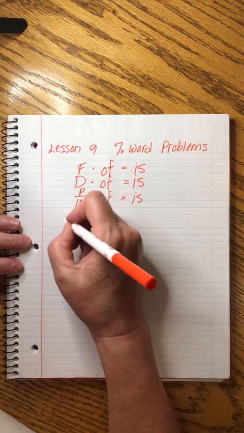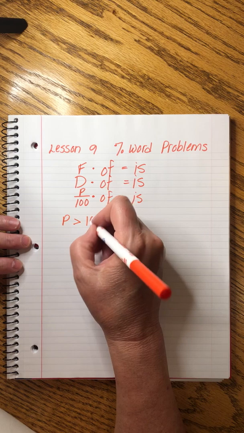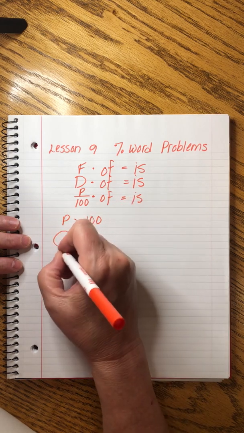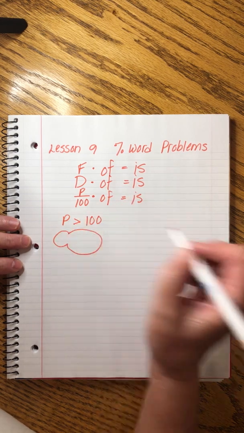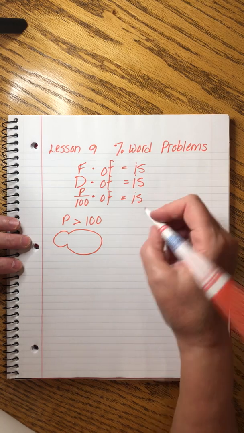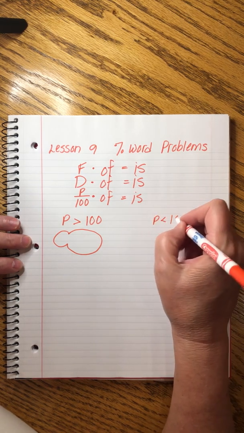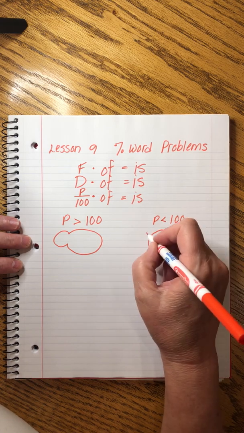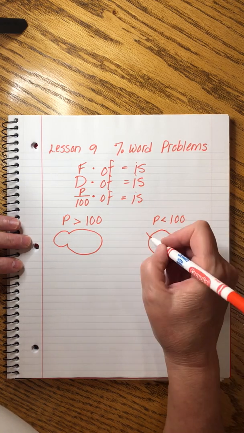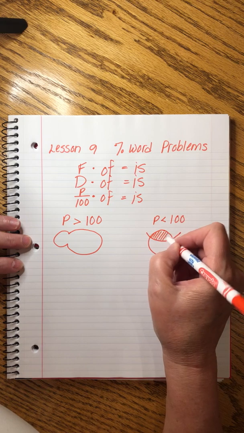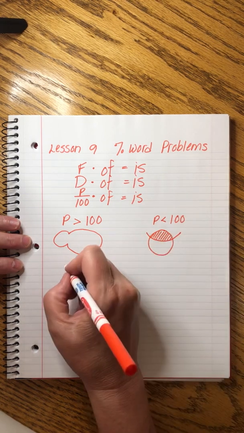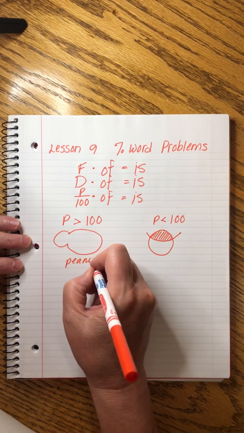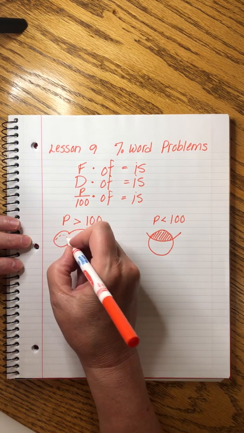If the percent is greater than 100, we get what's called a peanut style or a baby Jesus style problem. If the percent is less than 100, we get, if you see it sort of like this and pretend that's the hot fudge, what I call a hot fudge sundae problem.